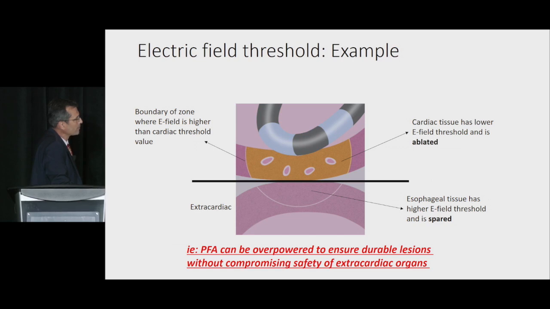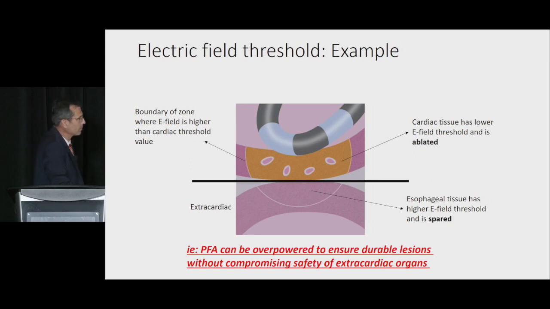And so the good thing is that even if we overpower our delivery and have the electric field threshold for myocytes exceeding the cardiac wall, we know that the esophagus and the nerves are going to be spared.